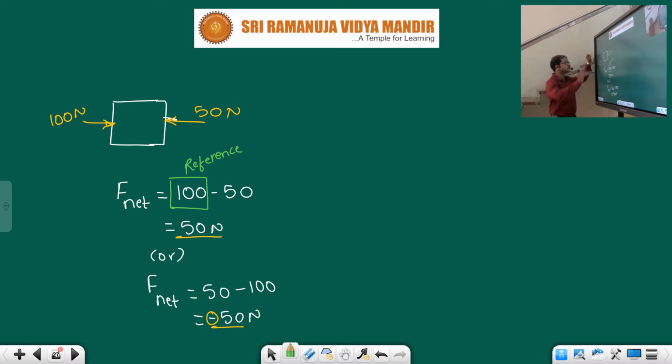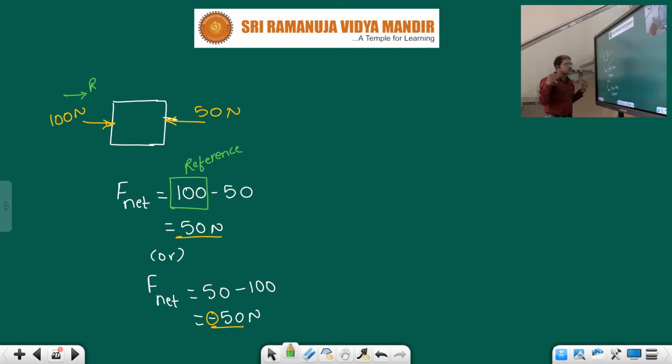That 100 newtons, in which direction is it acting? Towards the right. Primarily we need to take some reference, either left side or right side, it doesn't matter. So I took 100 as the reference in the first case.